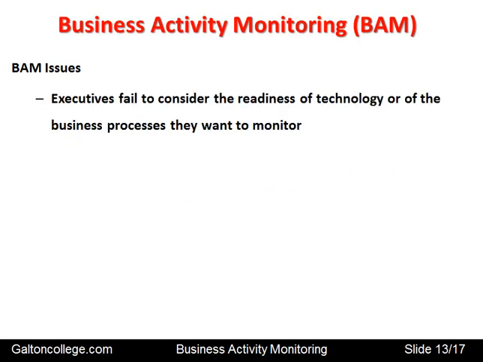The various issues, well, executives could fail to consider the readiness of technology or of the business processes they want to monitor. Now that could be a business activity issue that needs to be looked at.